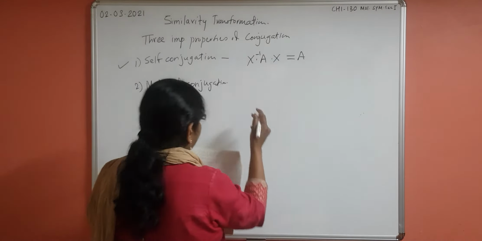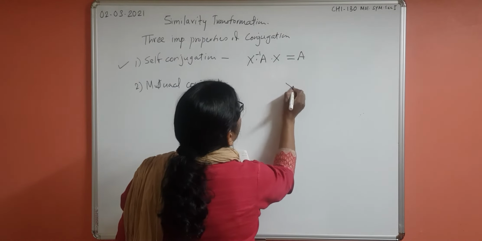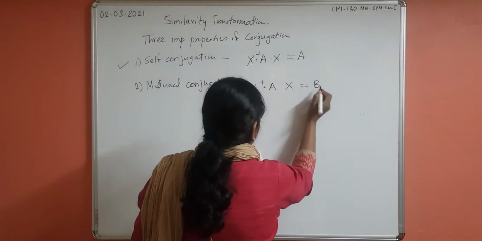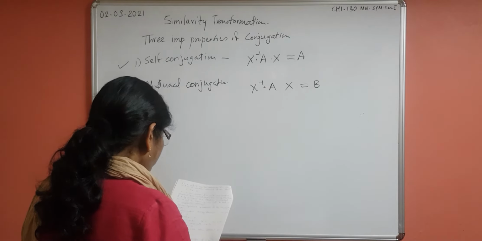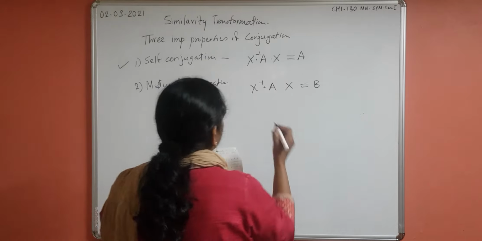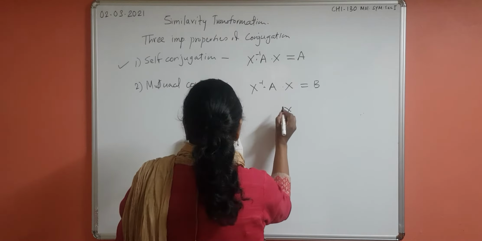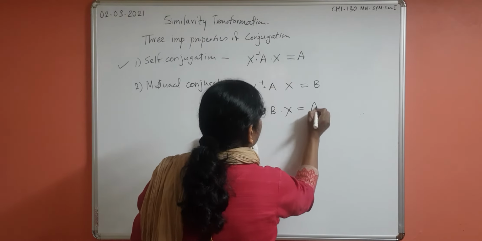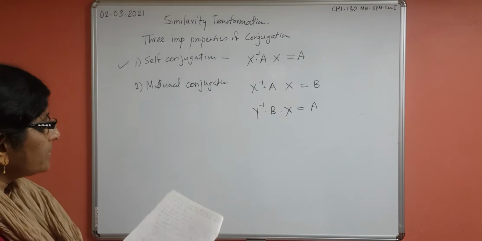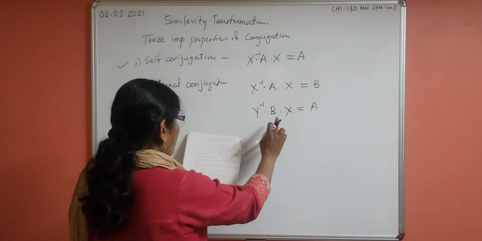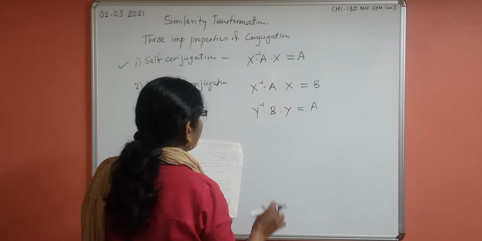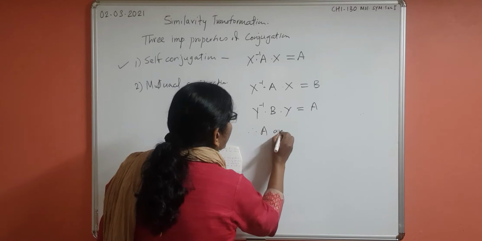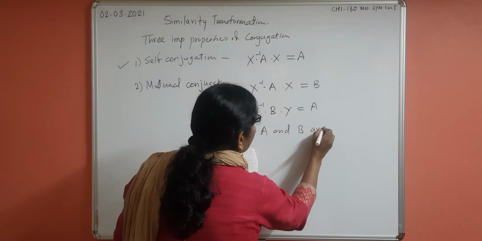So for mutual conjugation, x, A, x inverse will result in B. And we'll write y, which is another element of that same point group, y, B, y inverse will result in A. So A is a similarity transformation of B by y, and therefore we call A and B mutually conjugated.